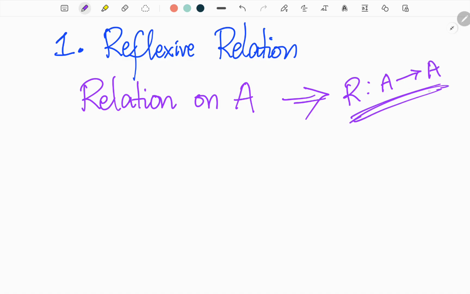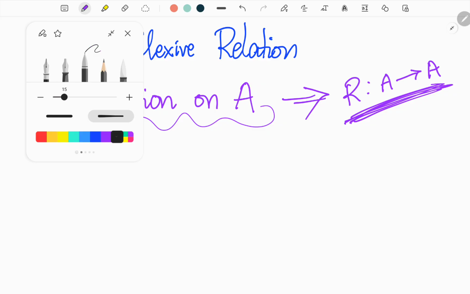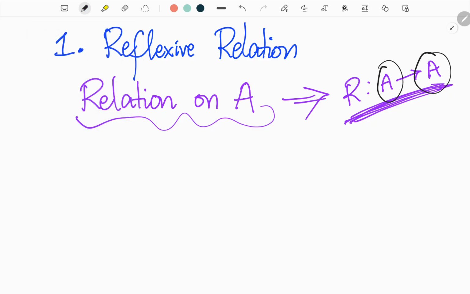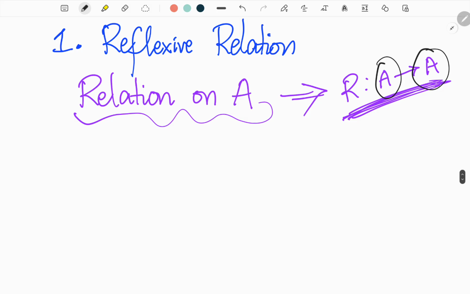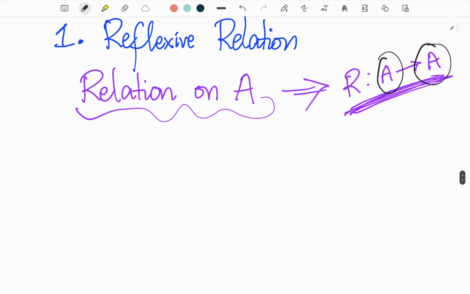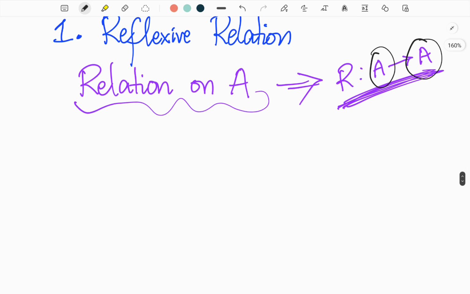I hope it is clear. So we are going to consider a relation which has the domain and the codomain as the same set. You know that when I specify relation on A, it means the relation is from A to A. That is also something which you have learnt in grade 11. So first let's consider reflexive relation.